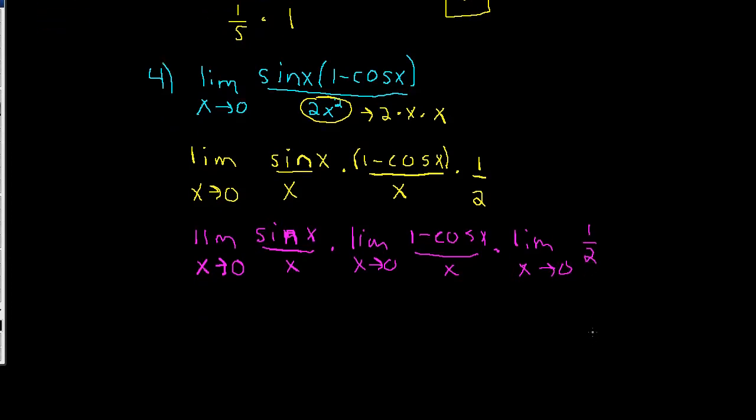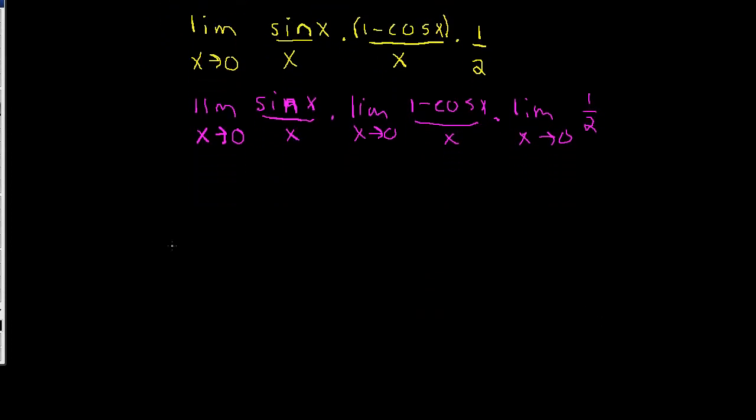So now we can go ahead and evaluate this. This is 1, times this right here is 0, times this right here is just 1/2. Crunching that, this 0 wipes everybody out to begin with.